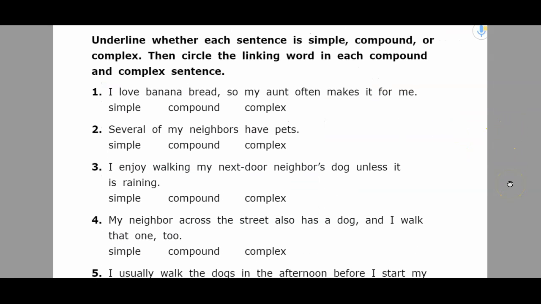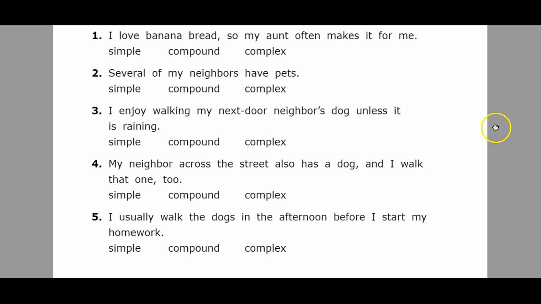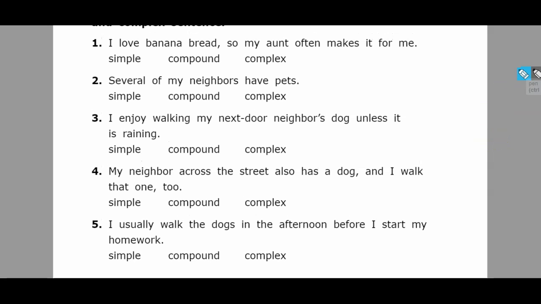All right, it says underline whether each sentence is simple, compound, or complex. Then circle the linking word in each compound and complex sentence. Okay, let's see. It says, I love banana bread, so my aunt often makes it for me.